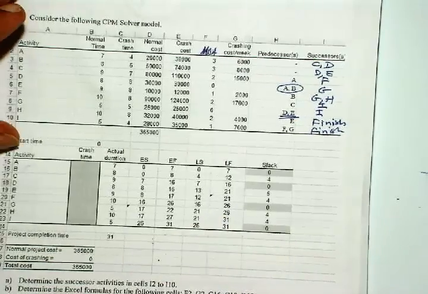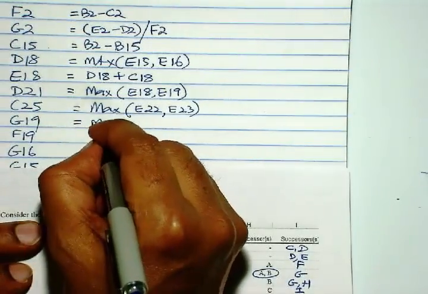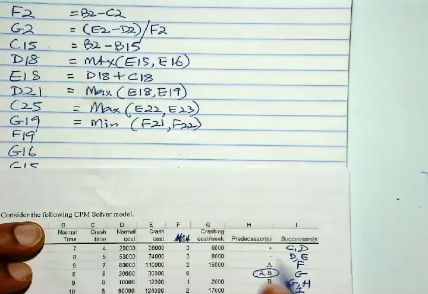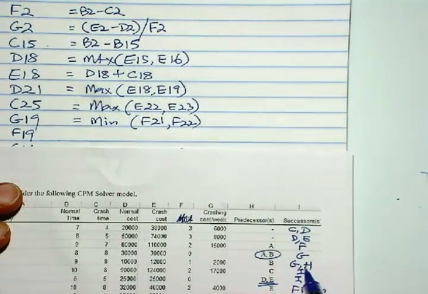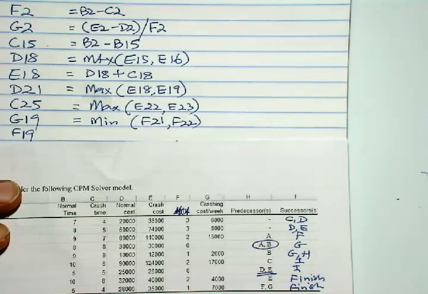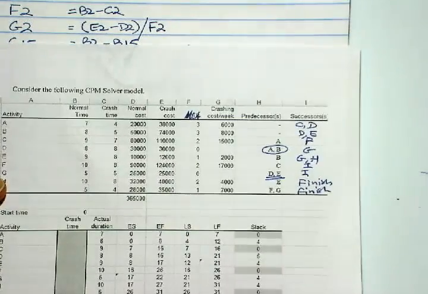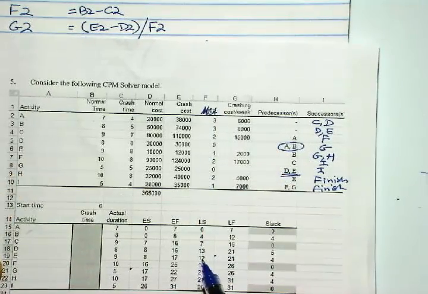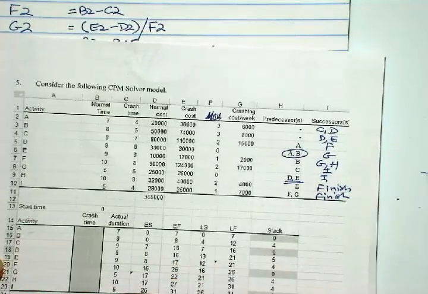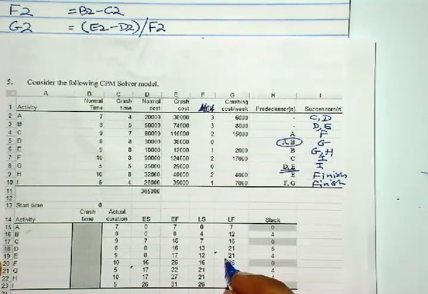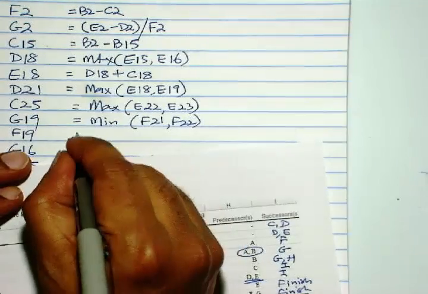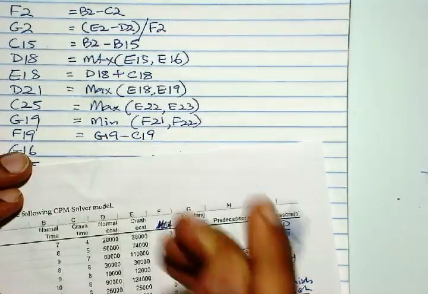So this is minimum of F21 and F22, because those are the two successors for E. And then F19. F19 is the start time for E, which will be the finish time minus the actual duration. So it will be G19 minus the actual duration being C19. So G19 minus C19.